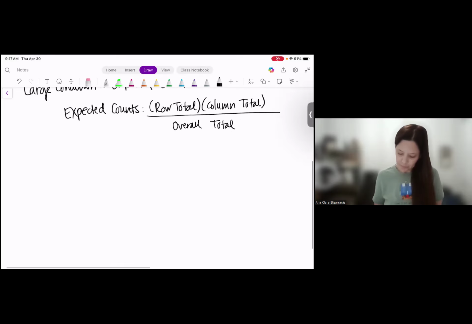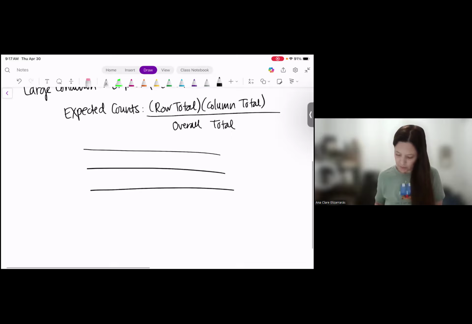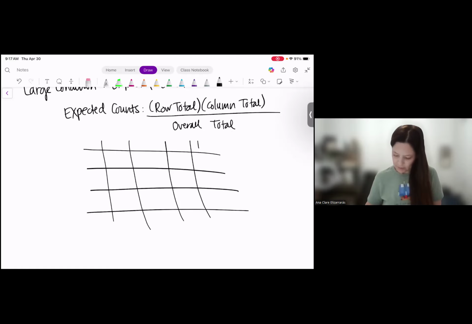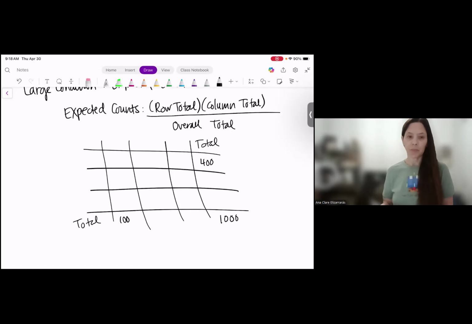For example, if I have some sort of distribution where this is a total here, this is a total here, and maybe you have 1,000 individuals and there were 400 here and 100 here.